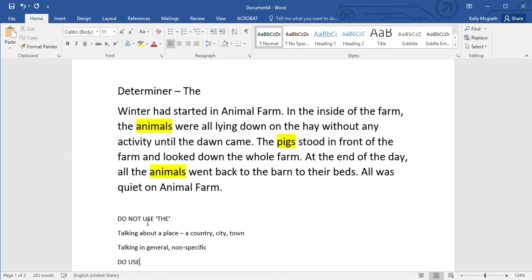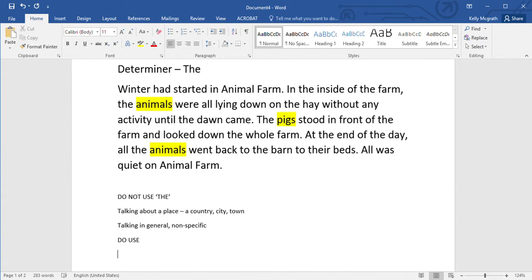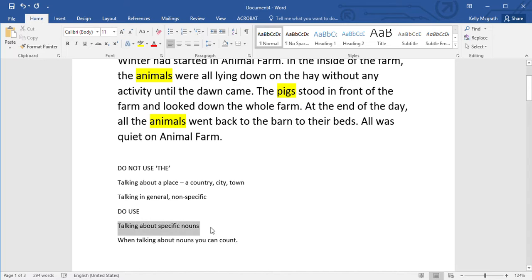Do use it when talking about something specific. So talking about specific nouns, the pigs, or talking about nouns that you can count, if you've got the cats who live next door. Okay, so this is the rule that you need to remember.